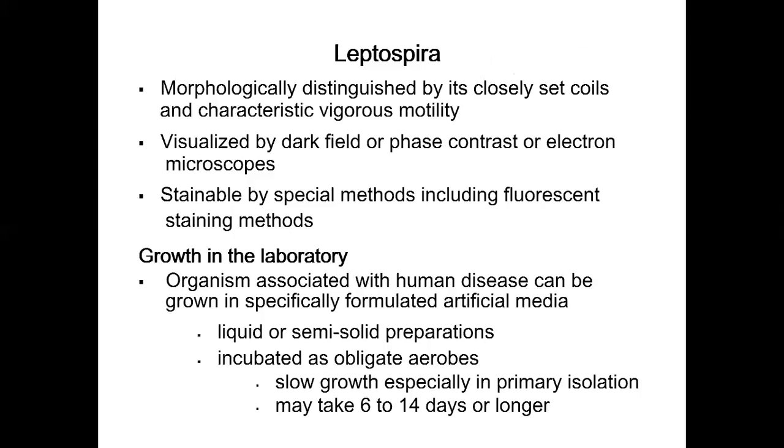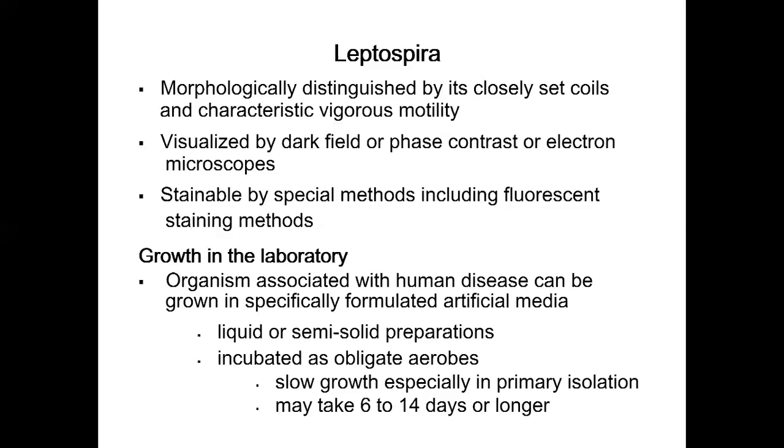Then the third genus is Leptospira, and it has the morphology of a spiral organism with closely set coils. Again, we say this is subjective, the people who examine all of them at the same time, but it is also said to have a characteristic vigorous motility.